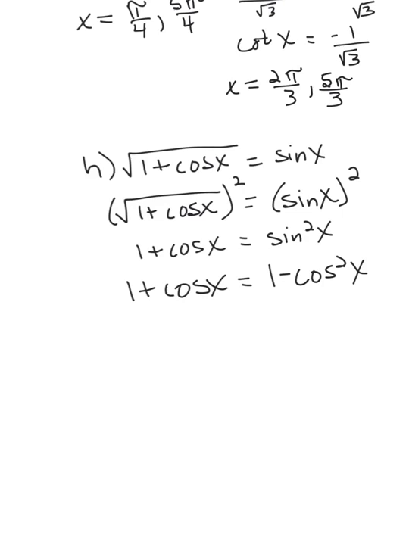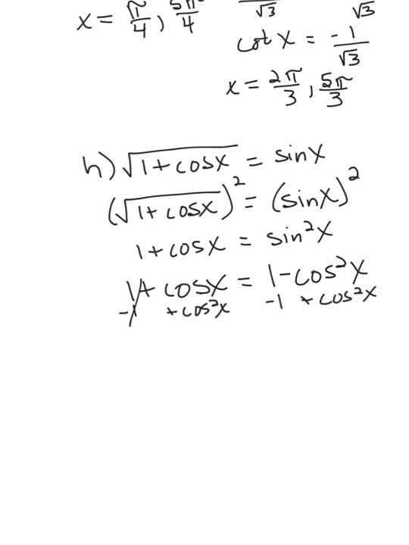Now that I have the same function, but I have a squared and a first, this is one of those cases where you want to get all the terms on the same side and make it equal to 0. In order to make this equal to 0, I'm going to subtract 1 on both sides, and I'm going to add cosine squared on both sides. 1 minus 1 is 0, so those have offset each other.